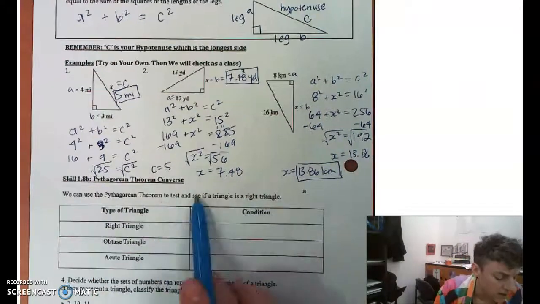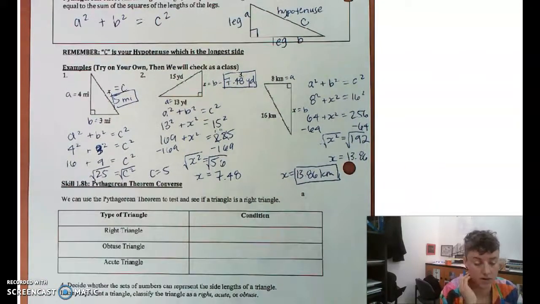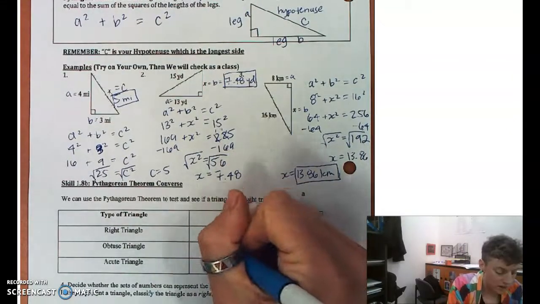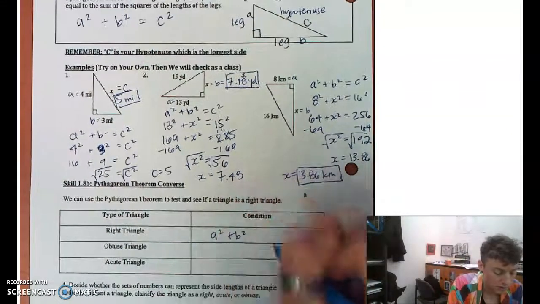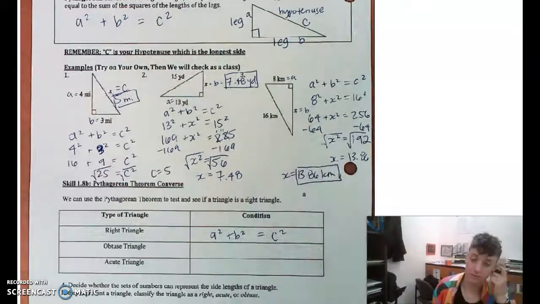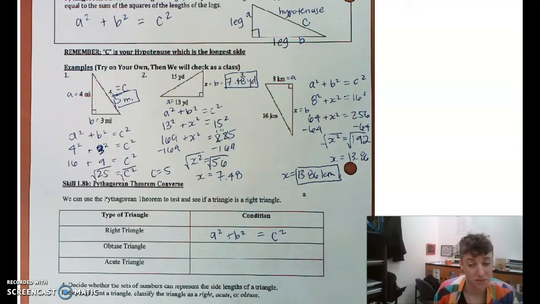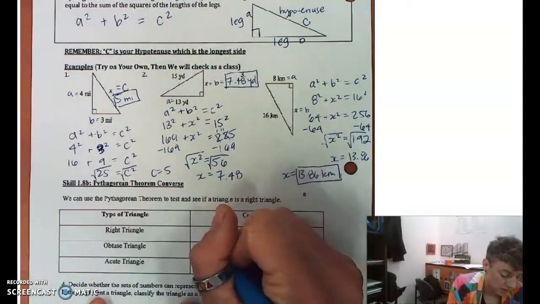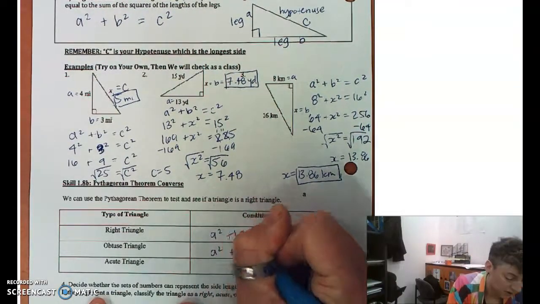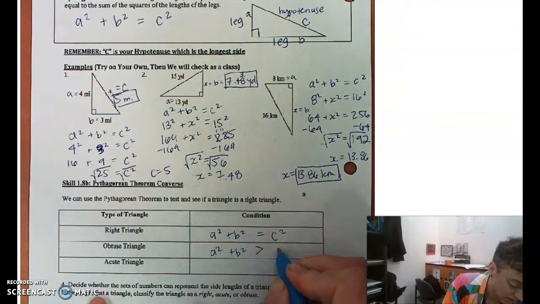All right. We can use the Pythagorean theorem to figure out if the triangle is right. If it is a right triangle, a squared plus b squared is going to equal c squared. If we have an obtuse triangle, that's not going to be true anymore. A squared plus b squared is going to be bigger than c squared.